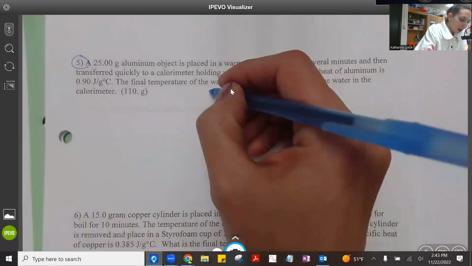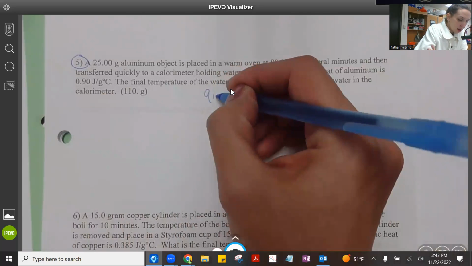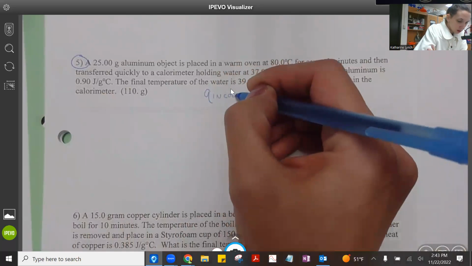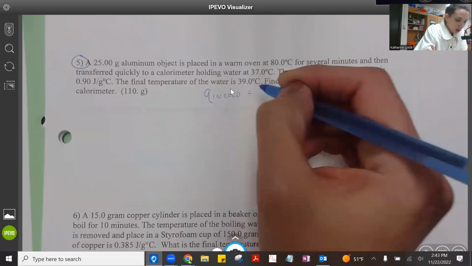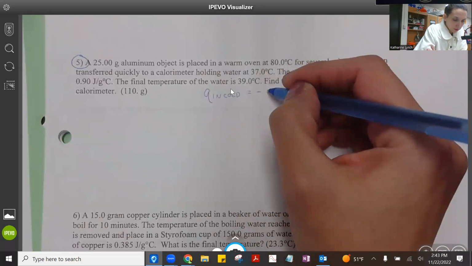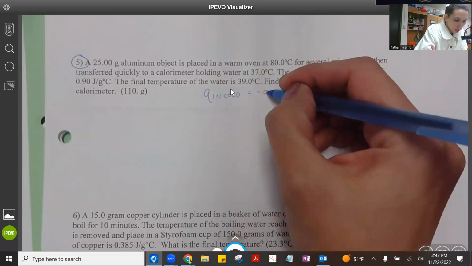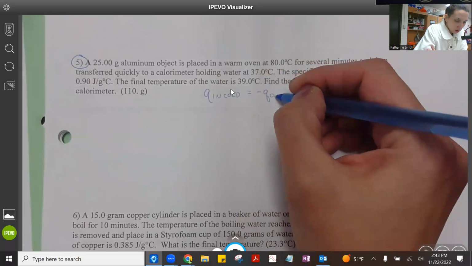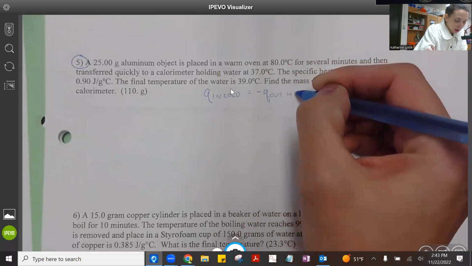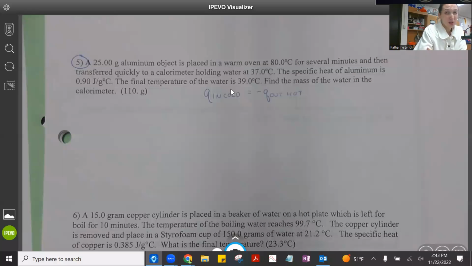So again, our big idea is the heat into the cold object is going to equal, in a perfect lab, perfect on paper situation, the heat out of the hot object. So every time we do one of these problems, we're going to have two Q equals MC delta T algebraic equations.